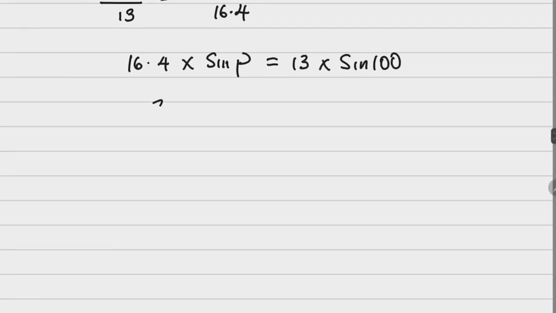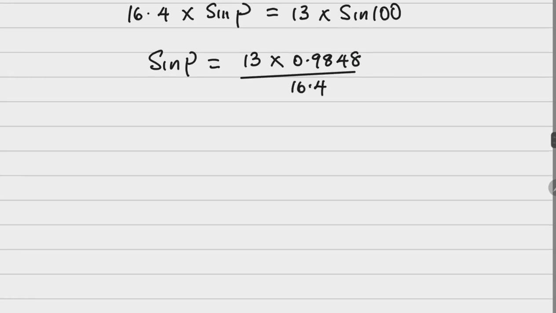All right. So that sine P will now be equals to 13 times sine 100, which is 0.9848. Then this will be all over 16.4. All right. So sine P will be equals to 0.7806.